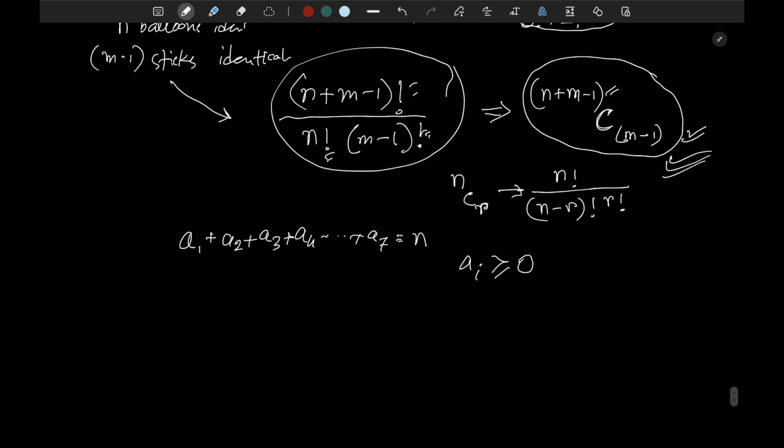Now what happens if they ask us that the solutions are positive integral solutions or natural numbers? So in that case your ai should be greater than or equal to 1, right?